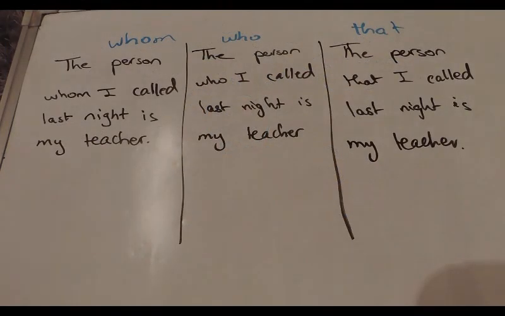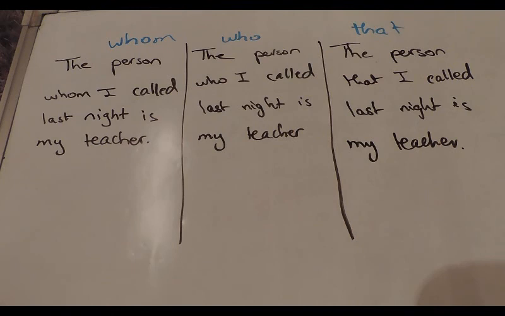All right, now to take whom, who, and that all together, I use these three sentences just to show you the difference and the usage. The first sentence says, the person whom I called last night is my teacher. The second sentence, the person who I called last night is my teacher.